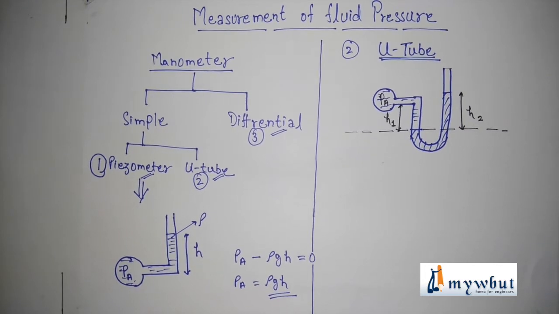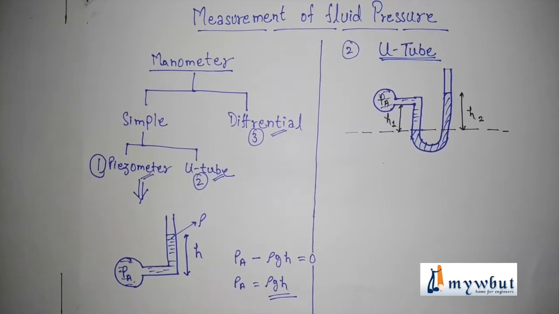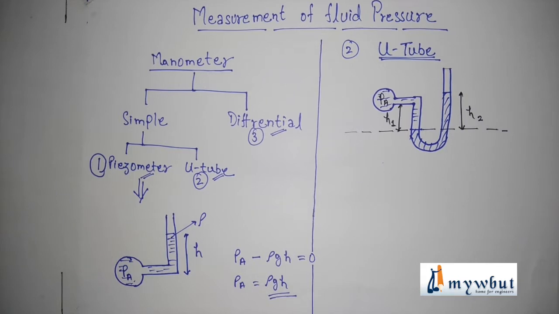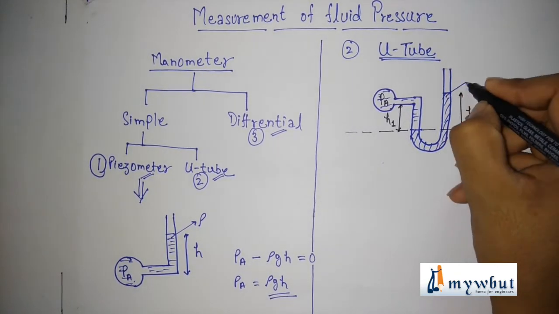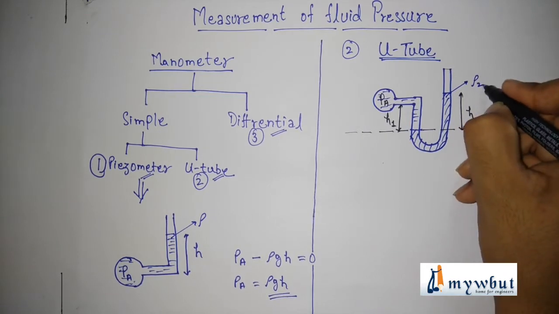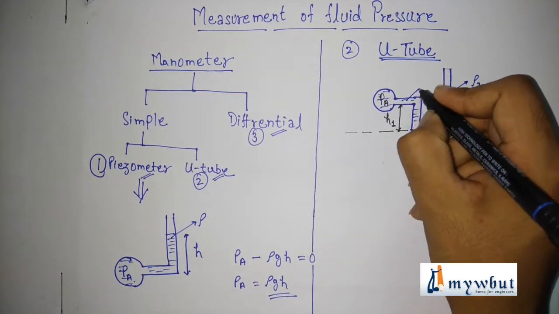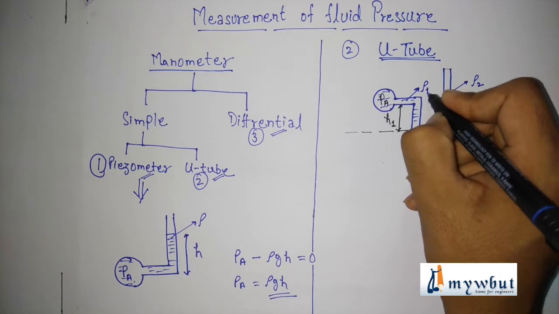Now let's try to learn about U-tube manometer. Suppose fluid is kept here that has density rho 2 and the fluid here has density rho 1.